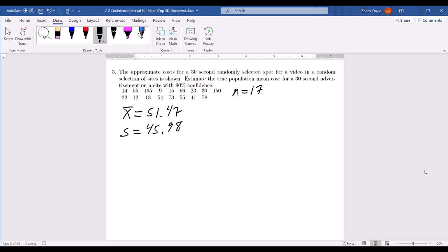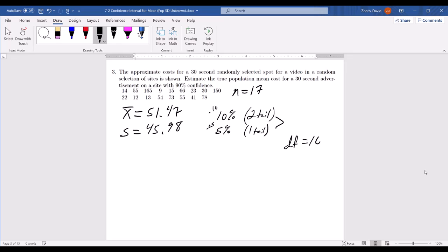Now they're looking for 90%. That means how much is left over? You have 10% left over for two tails, which would be the same as 5% one tail. So 0.10 or 0.05.